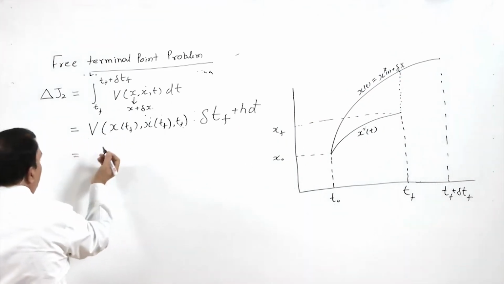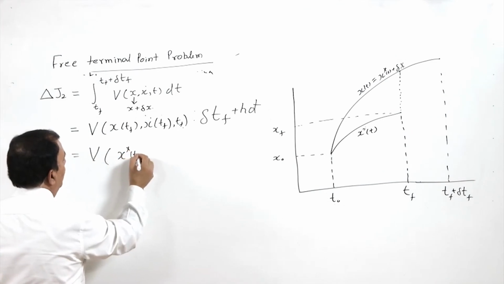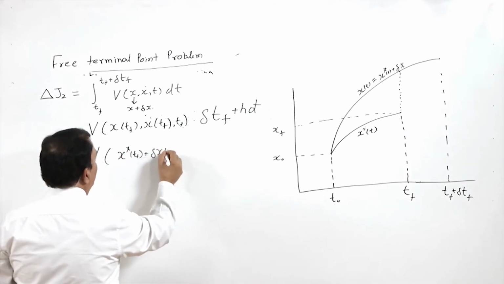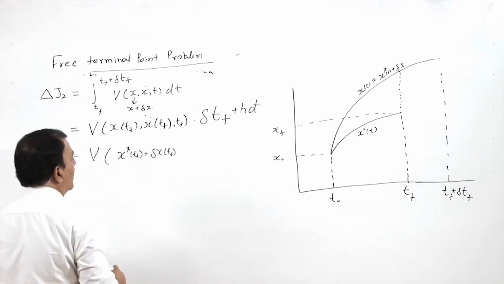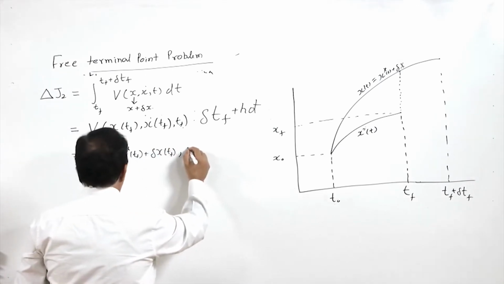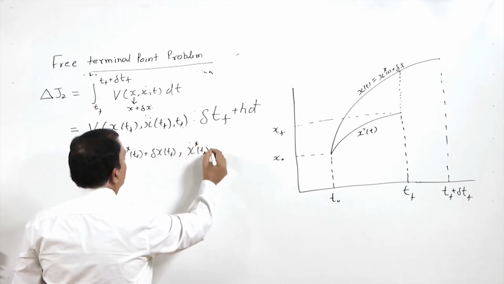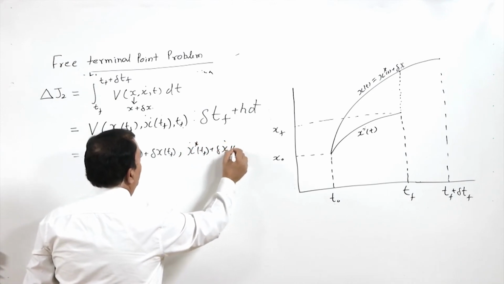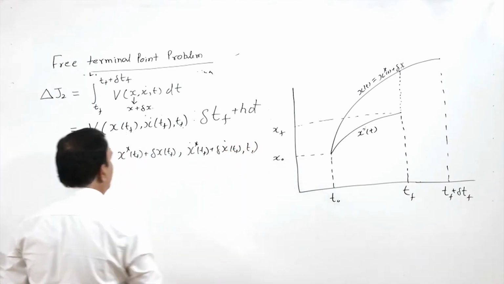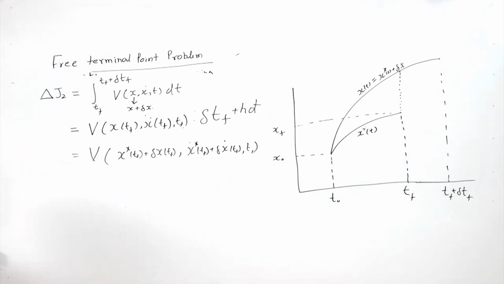So, this can be approximated as V of x star of Tf plus delta x of Tf, x dot star of Tf plus delta x dot of Tf. So, this can be written as given here.